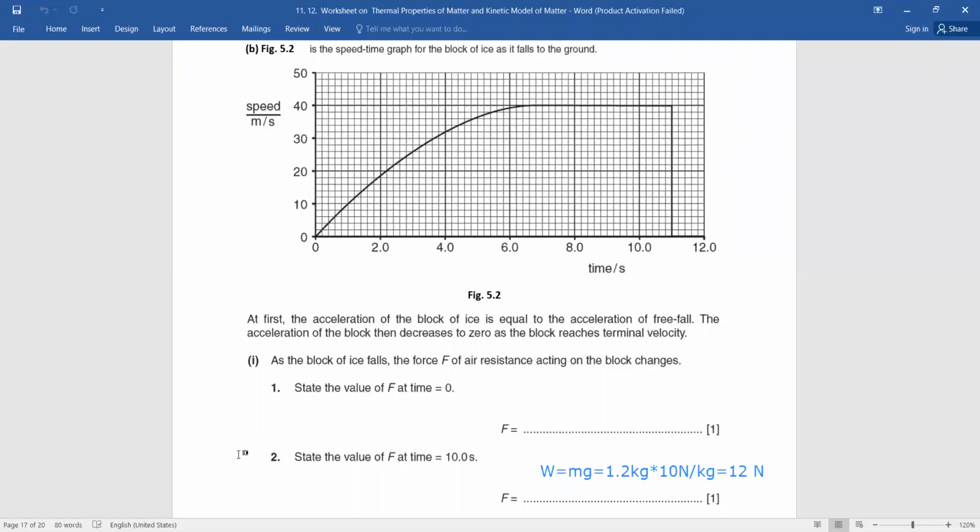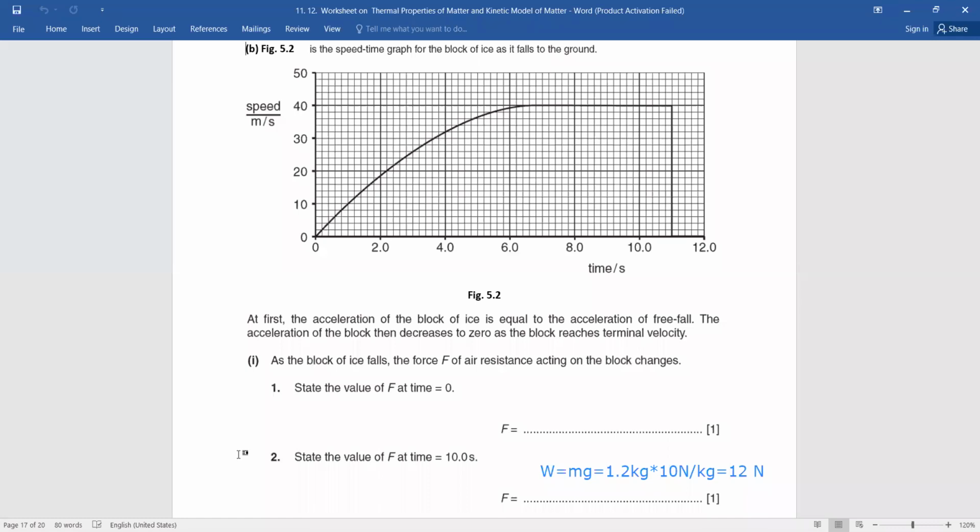At first, the acceleration of the block of ice is equal to the acceleration of free fall. The acceleration of the block then decreases to zero as the block reaches terminal velocity. As the block of ice falls, the force F of air resistance acting on the block changes. Number 1. State the value of F at time t equals 0.